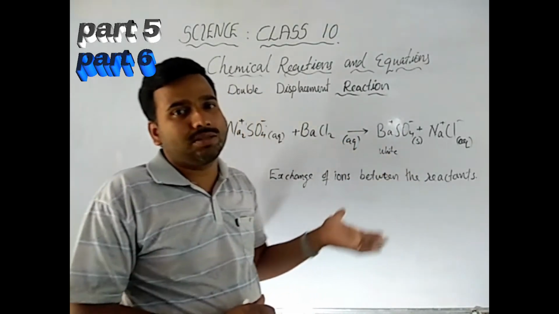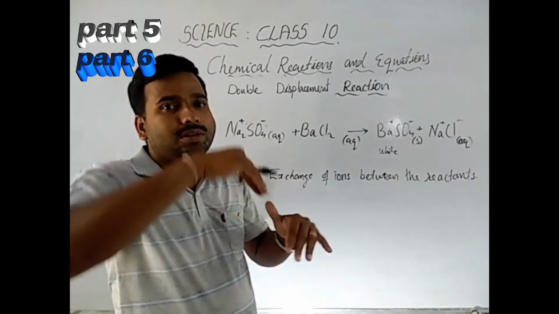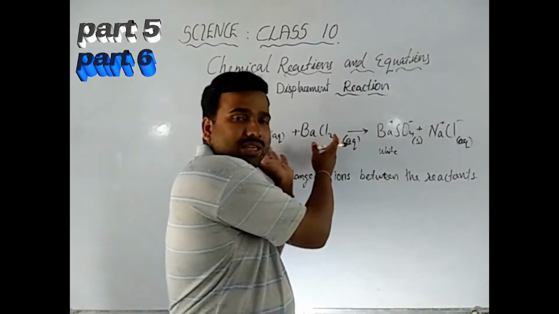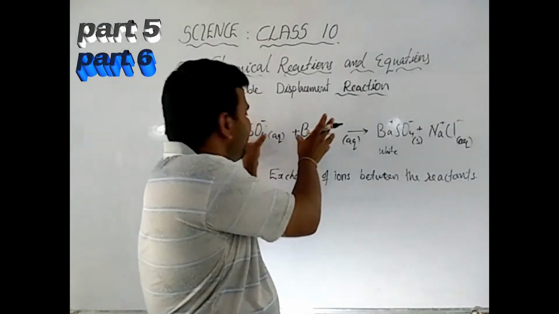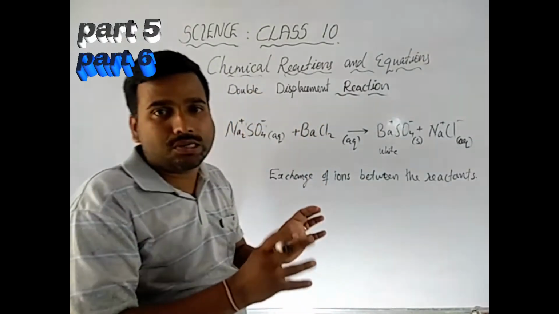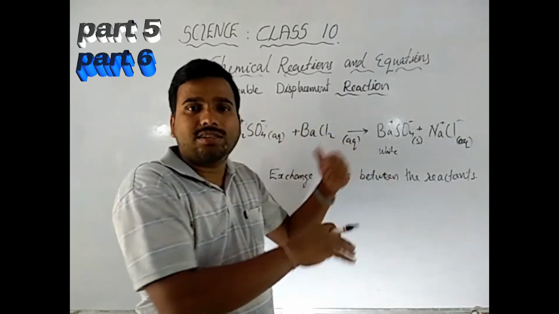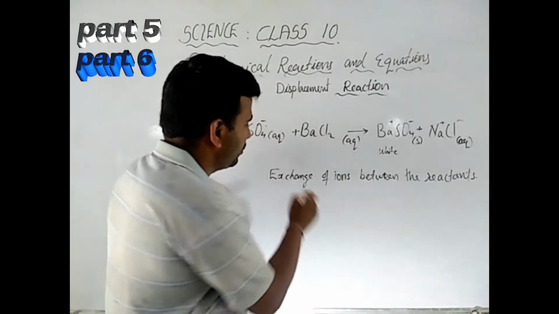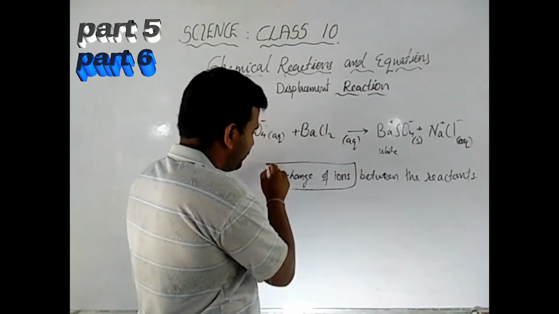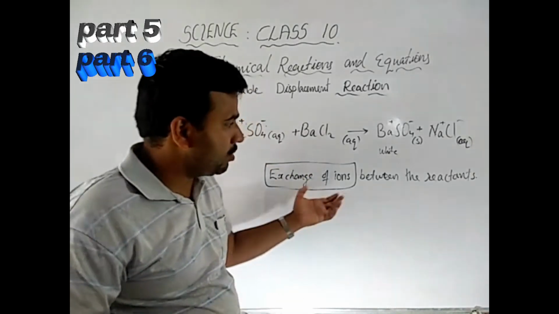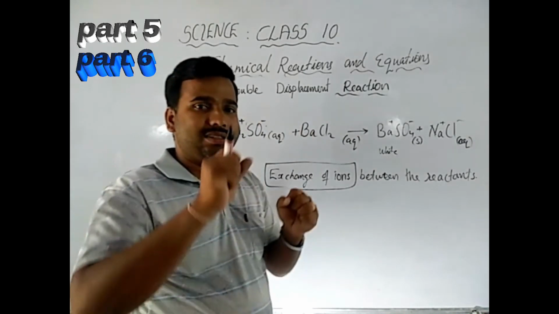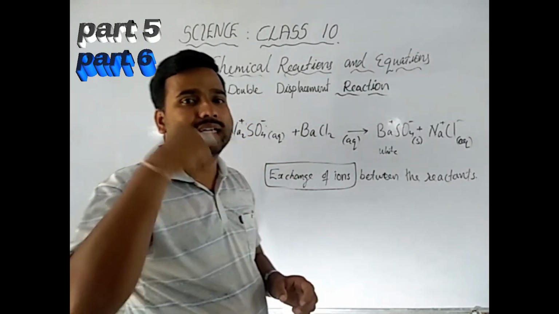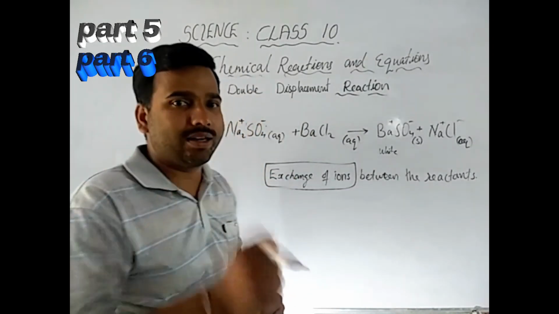In a double displacement reaction, two chemical substances, two reactants, two compounds, when they are taken in their aqueous solutions, will exchange their ions. There exists an exchange of ions between the reactants. So this is a simple definition for double displacement reaction.